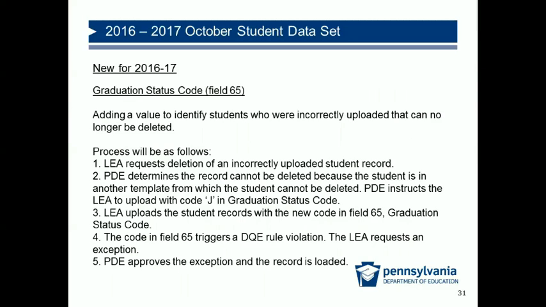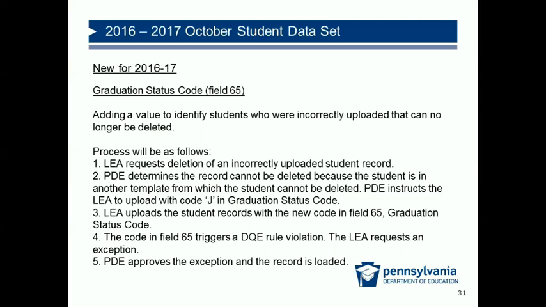Another update for 2016-17. A new value has been added for graduation status code, field 65, to identify students who were incorrectly uploaded that can no longer be deleted. The process will be as follows. The LEA will request deletion of an incorrectly uploaded student record.